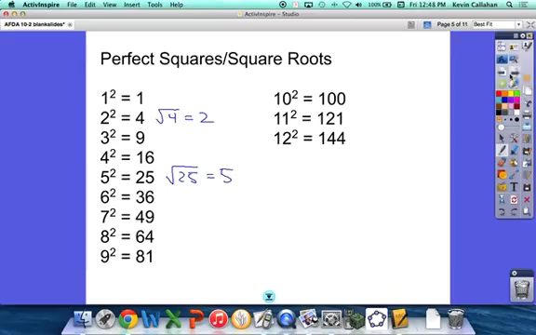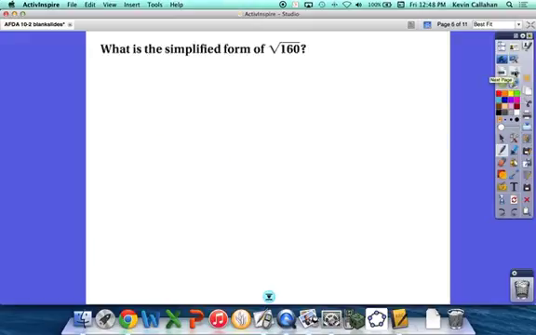I mean, 160 is 16 times 10. So if I can split this up into 16 times 10, and then take the square root of both of those, what's the square root of 16? 4. So there's your answer, 4 root 10. You've got to just think of your multiplication tables to find the factors that will simplify.